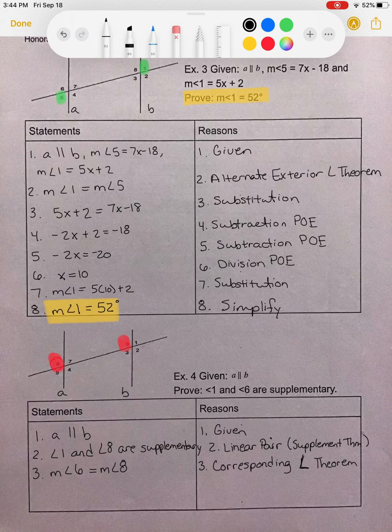Okay, so now, if you look at what we're trying to prove here, prove 1 and 6 are supplementary. We said 1 and 8 are supplementary, and 6 and 8 are equal. So on this last line now, I can say angle 1 and angle 6 are supplementary.